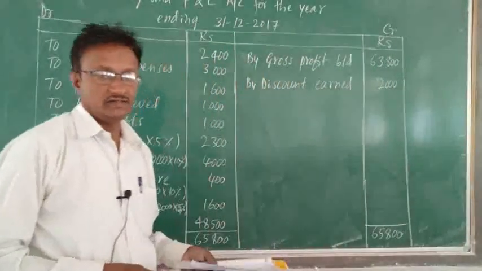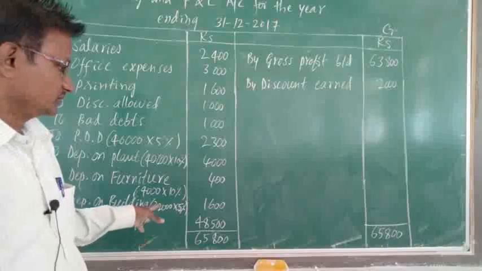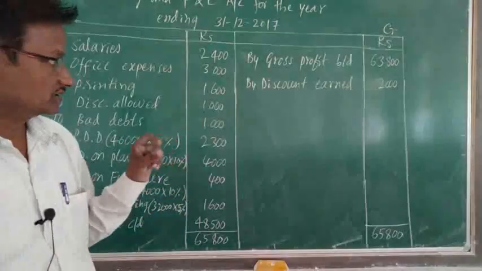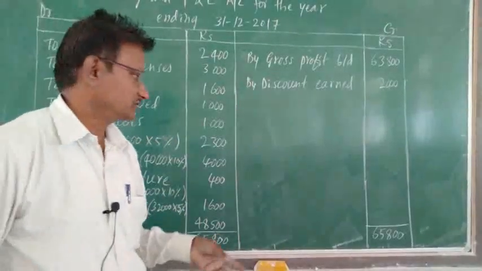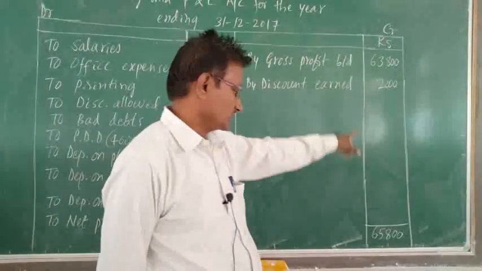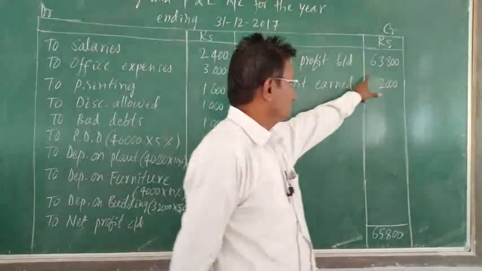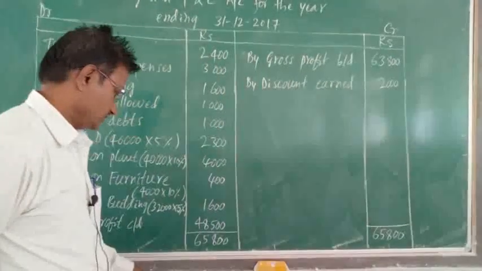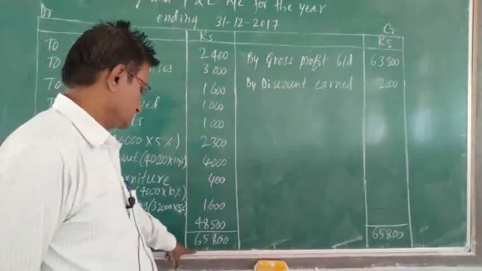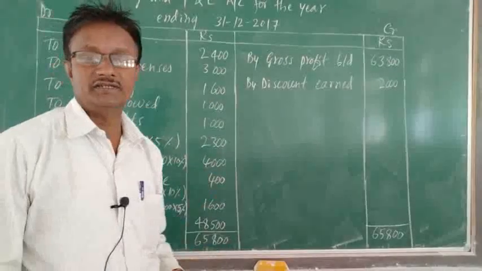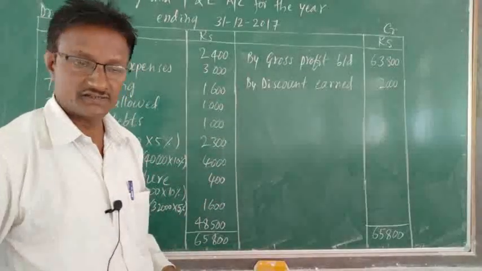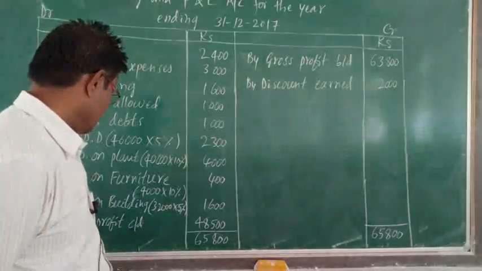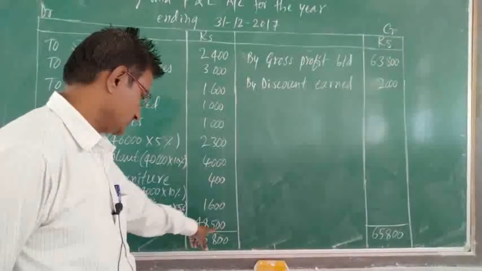So after taking all the incomes and expenses we have to close. Credit side is more, so take total 63,800 plus 2,000, 65,800, and from 65,800 all debit items or figures have to be deducted, and the difference is 48,500.